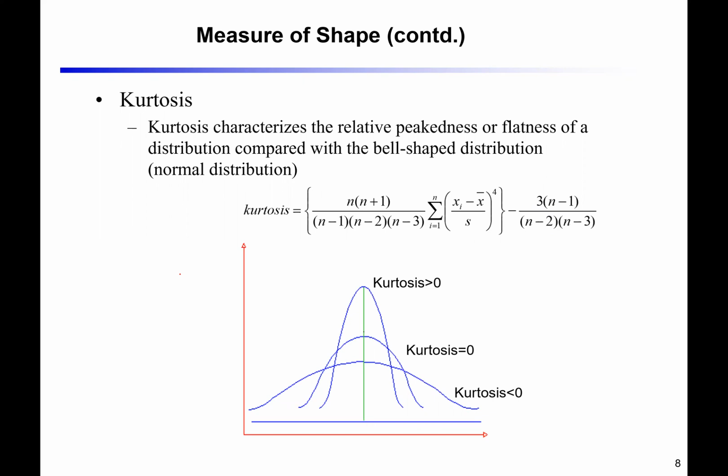We also have kurtosis. Kurtosis characterizes the relative peakedness or flatness of a distribution compared with the bell-shaped normal distribution. Here is the definition of how to calculate kurtosis. If the distribution is in the middle, not too fat, not too thin, then kurtosis is 0.